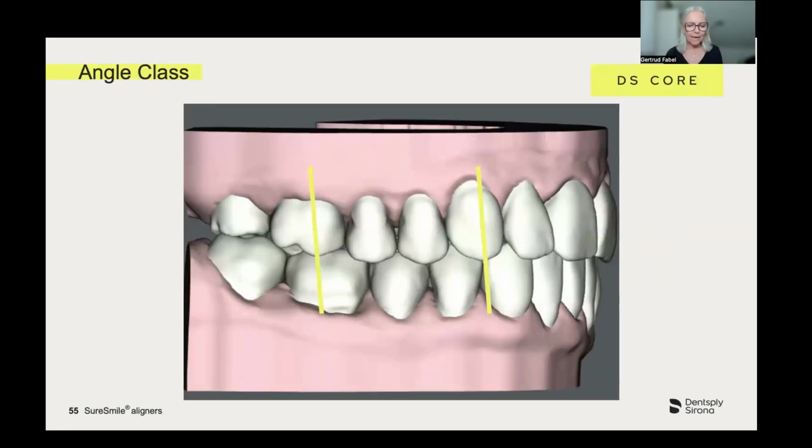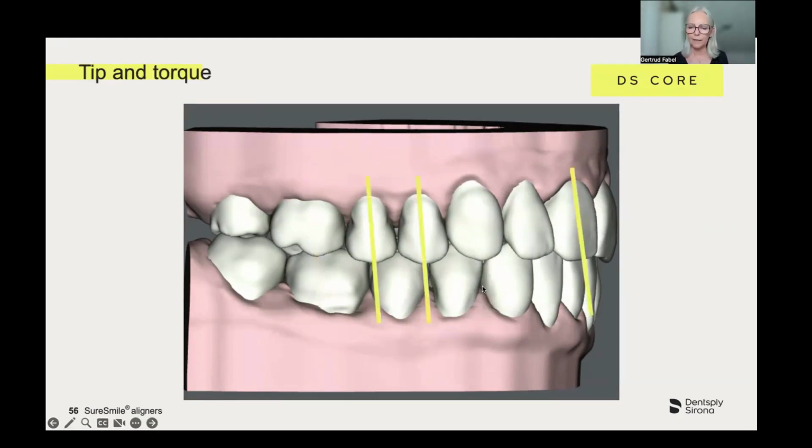Well, angle class 1 describes the normal bite, the neutral bite. The anterior cusp of the first large molar in the upper jaw meets exactly between the 2 cusps of the opposite first molar in the lower jaw, and the cusp of the canine meets between the canine and the first little molar in the lower jaw.